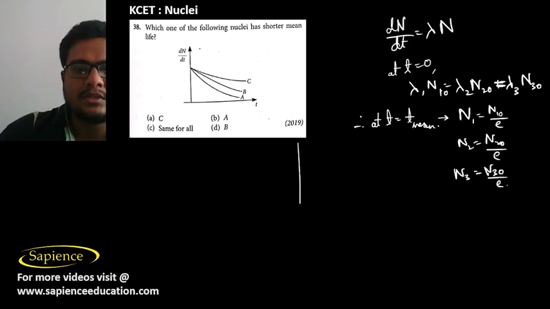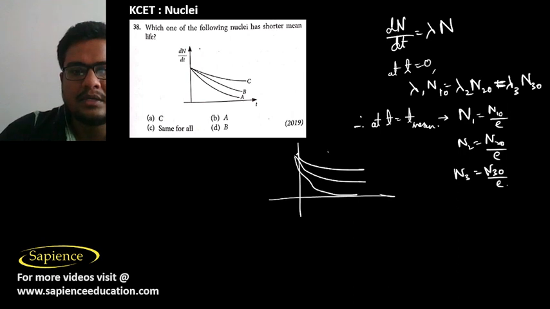So the time will be the same. The graph is like this. At time t, suppose this is the mean life, not by e.